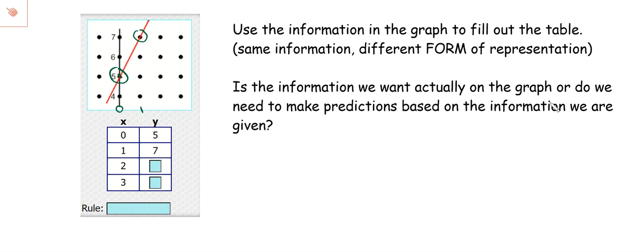So do we need to make predictions? Yes, we do, because a 2 is that one, and then the 3 is that one, but if we go up the 2 to find the point, it's not there. But do you already have a way of making that prediction? The prediction is with each number it's going by 2.